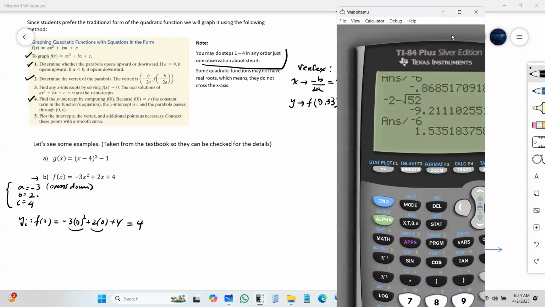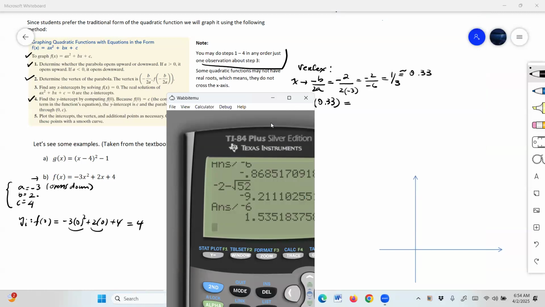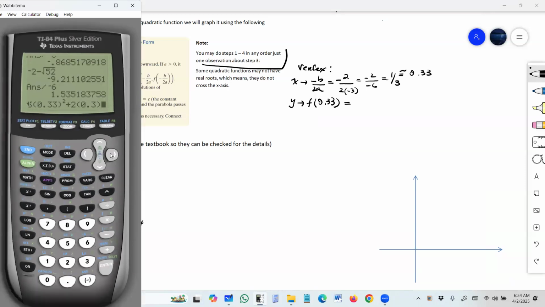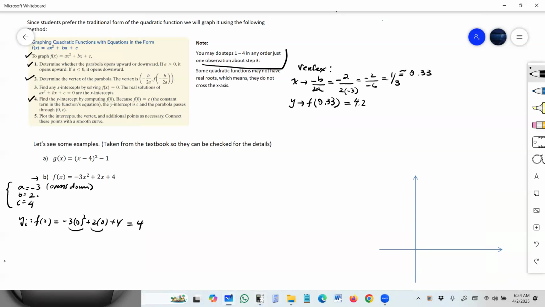So -3 times 0.33 squared, plus 2 times 0.33, plus 4, and that will be 4.27. So we'll write it here, 4.27.